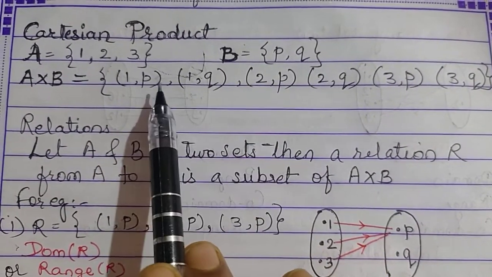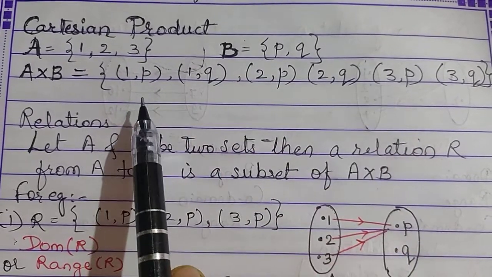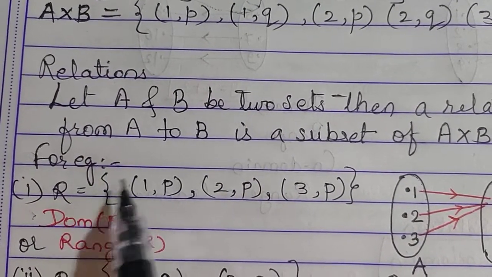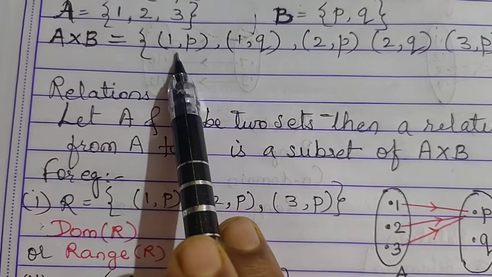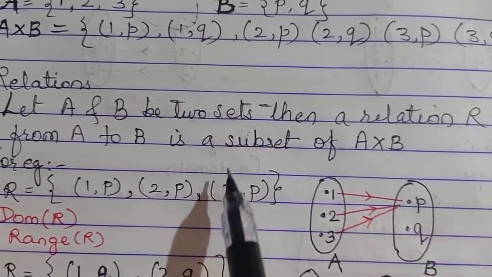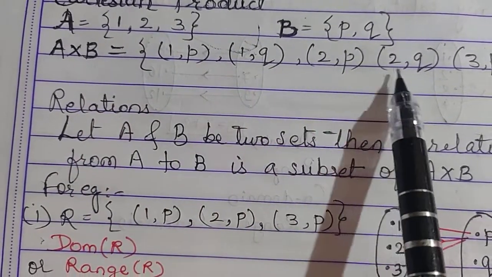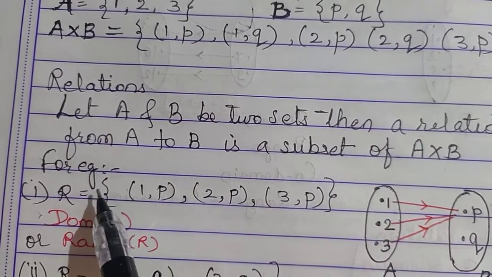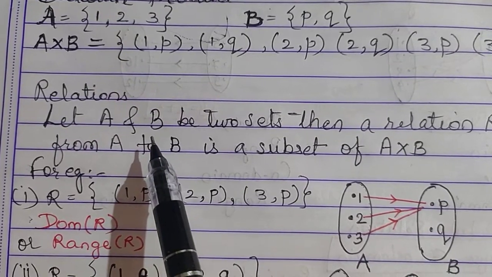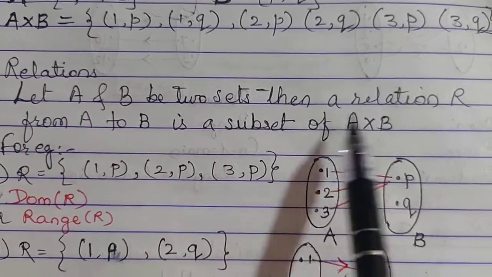Subset means if we write some elements of these sets or all the elements of these sets, then it will be a subset. For example, this is the set R. In this set I have written the elements 1p, then 2p and 3p. So this set is the subset of the Cartesian product A cross B, and hence it is a relation. So the concept of relation is simple, that any subset of the Cartesian product will be a relation.